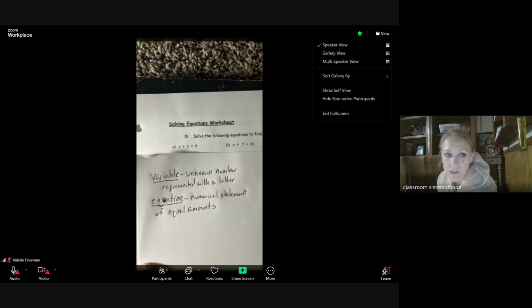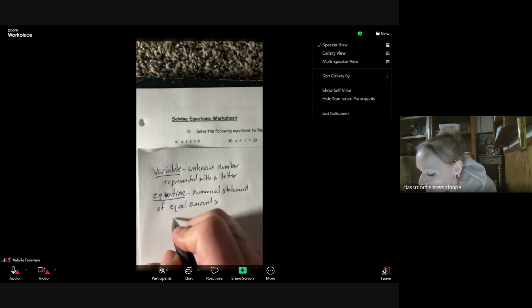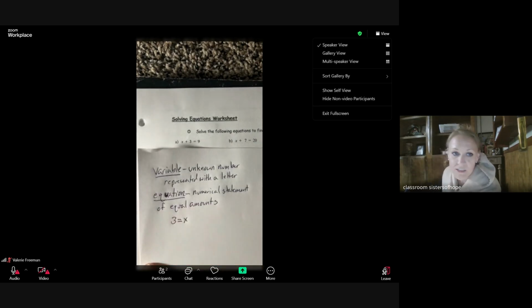So, for example, an equation that has a variable might be, to make it really simple, 3 equals x. That means if you see x written somewhere in that context, then the x is just a symbol that represents the number 3. So anytime you have a letter in a mathematical problem, it's just a placeholder. It is like a blank that you've got to fill in. And that's what we're going to be solving for, is that variable.